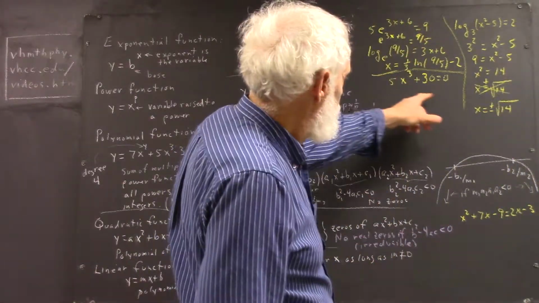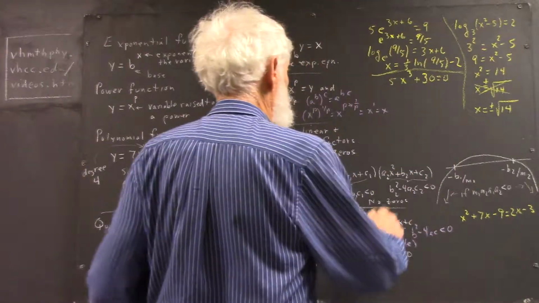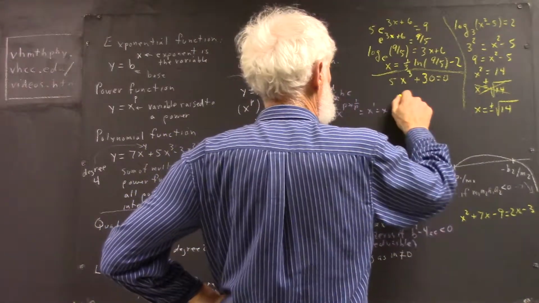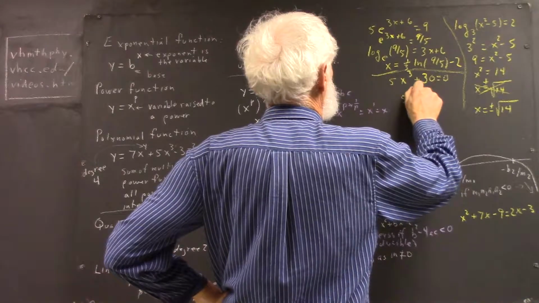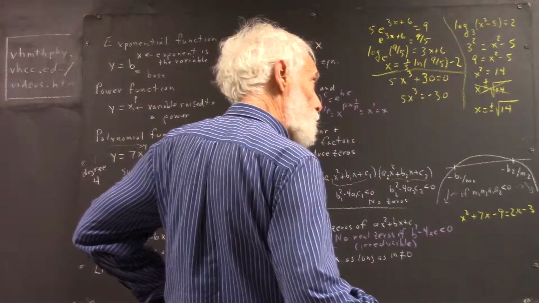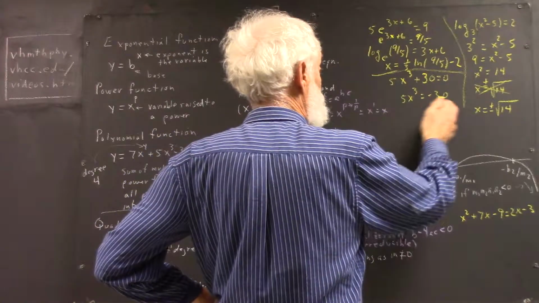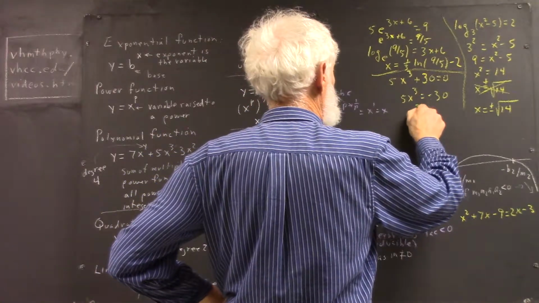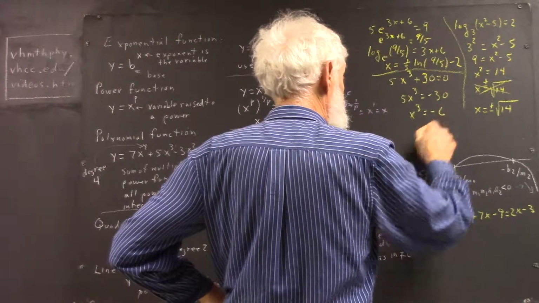Okay, this equation, well, let's see, we have 5x cubed plus 30 equals 0. We subtract 30 from both sides, we'll end up with this. Then divide both sides by 5, and we get x cubed equals negative 6.